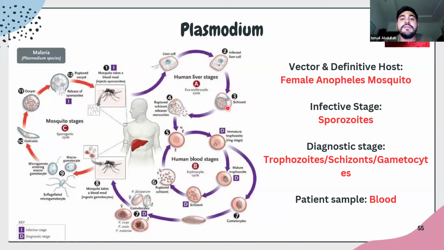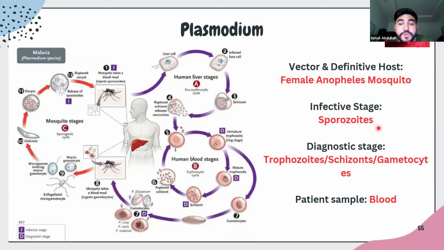Then this schizont is gonna keep becoming larger and larger till it ruptures, and it's gonna release merozoites, which are going to infect the red blood cell, and then it's gonna form trophozoites within the red blood cells. That's all the high yield you want to know from a practical point of view.